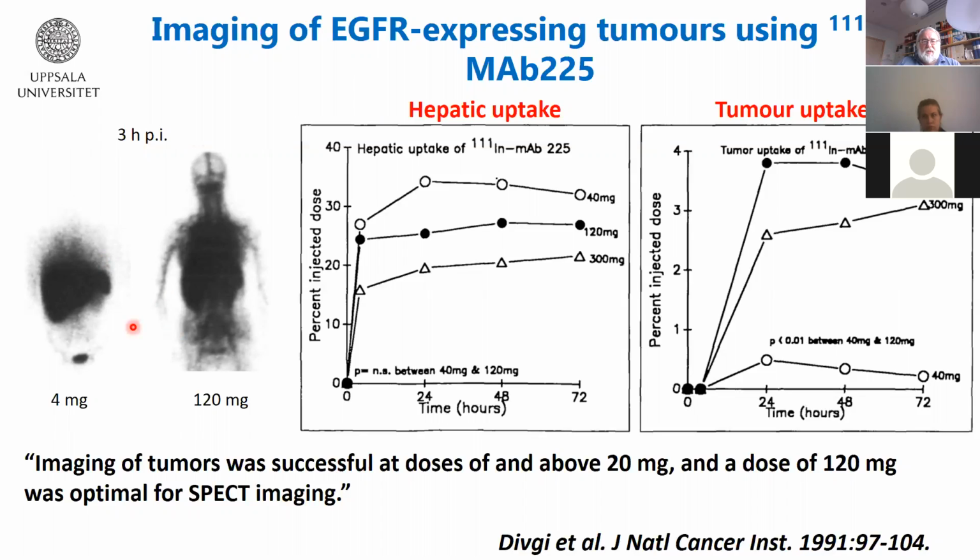So Chaitanya started to escalate the dose. He injected the same activity, but he added more and more cold antibody. When he had 120 at the same time point, you could see what happens.